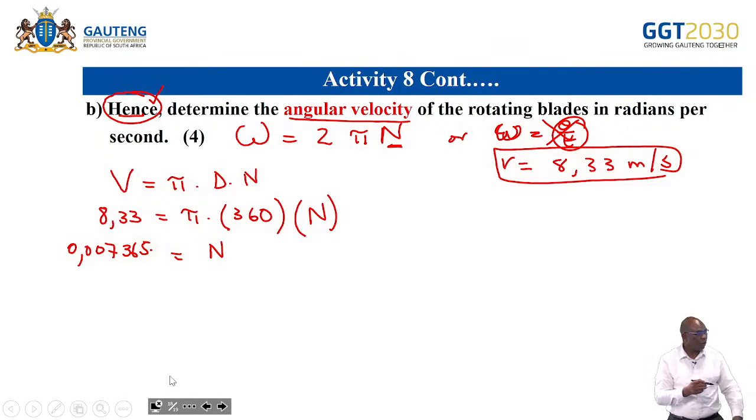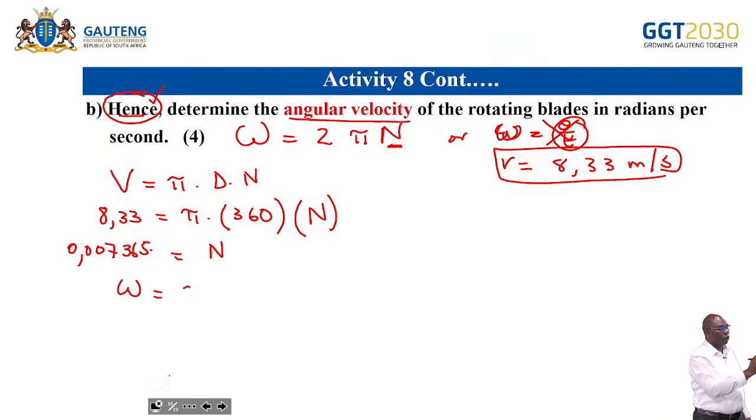Now, from the number of revolutions, how am I going to get the angular velocity? My angular velocity is going to be 2 pi multiplied by 0.007365, because that's what I'm going to have.